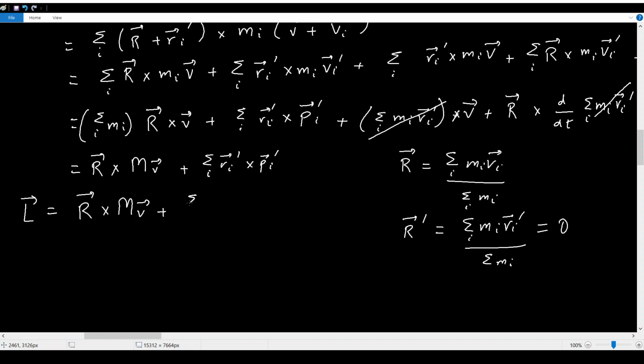But further, we have everything in the center of mass reference frame, and these are the individual angular momenta of each particle in the center of mass reference frame. So this is the angular momentum of motion about the center of mass. This is the angular momentum concentrated on the center of mass. This is the angular momentum of motion about the center of mass. So we have derived the quantity that we desired, the angular momentum in terms of the center of mass quantities.